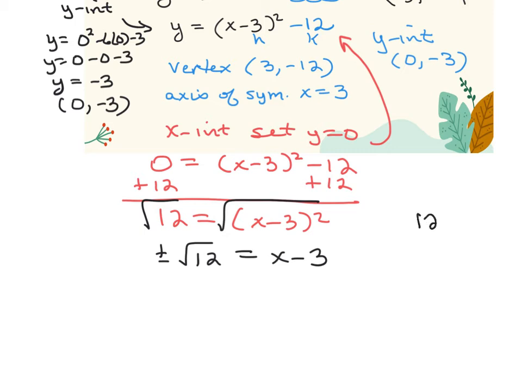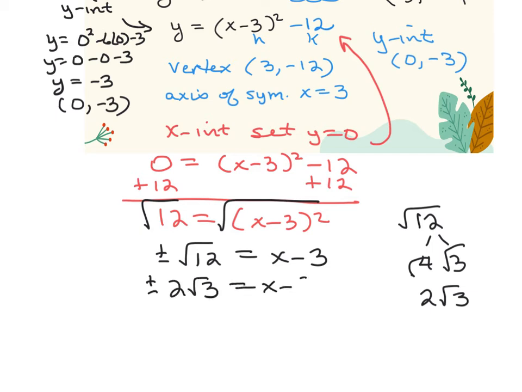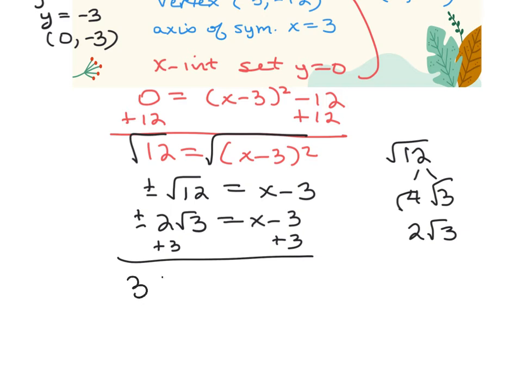So if I go ahead and break down the square root of 12, it turns into 4 times 3. And then I know 4 is a perfect square, so it simplifies to 2 square root 3. So let me go ahead and do that. And now I can move the 3. So now I'm left with 3 plus or minus 2 square root of 3 equals x.